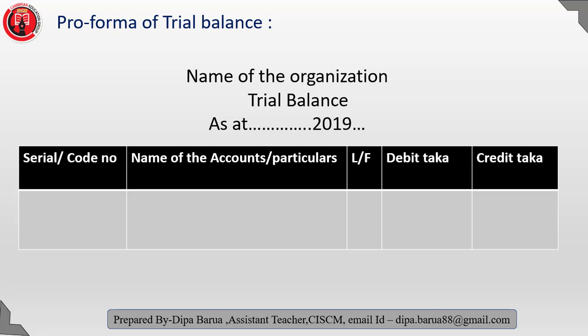By doing so, errors can easily be identified and rectified. And then debit taka, that means debit balance, and credit balance. The amount of the debit balance of the ledger accounts is written in this column. On the other hand, the amount of the credit balance of the ledger accounts is written in this column.